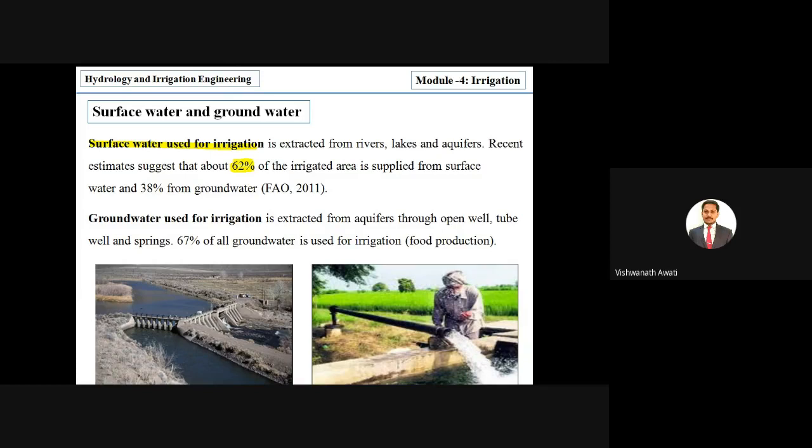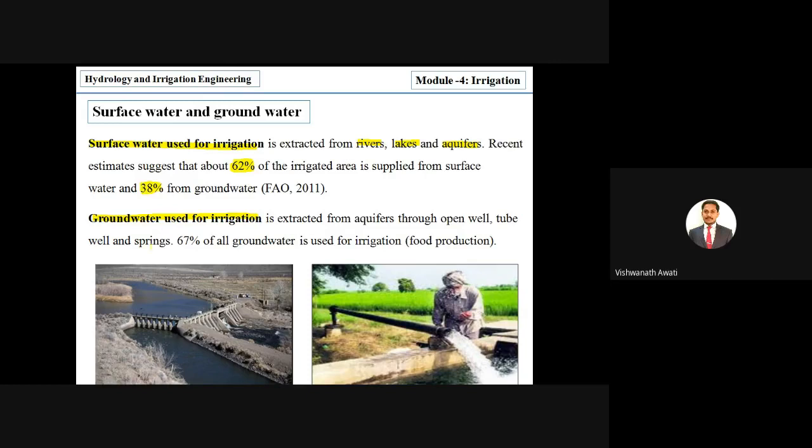And the sources of surface water are rivers, lakes and aquifer springs, right? So the water which comes from the aquifer to nearby rivers is also from the groundwater source. And groundwater used for irrigation is almost 38%. 38% of the irrigated area is covered under groundwater use.